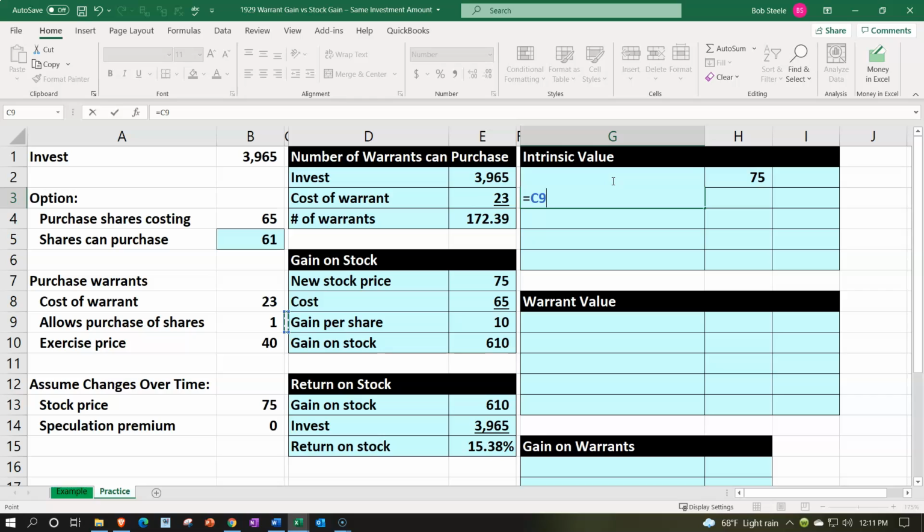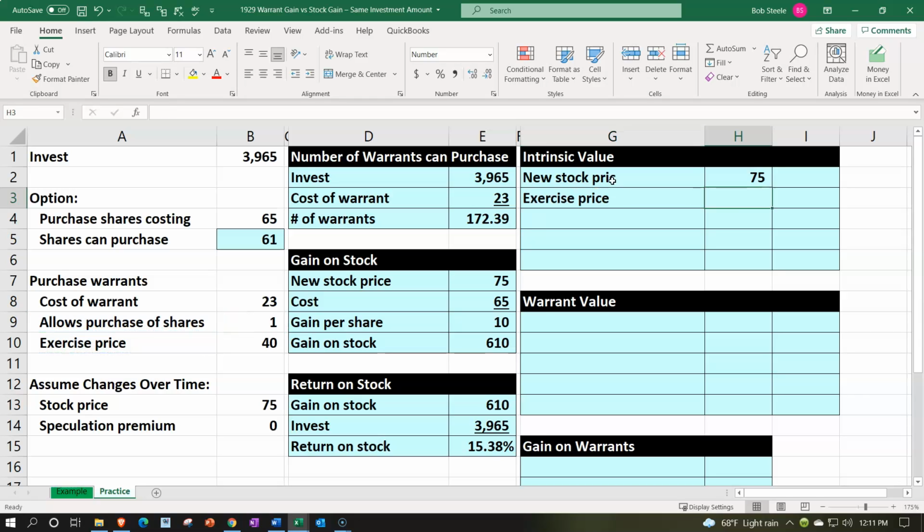The exercise price, the price that we could exercise the warrant for, is 40. So the 40, going to underline the 40, font group and underline. This would be the difference. What we could purchase the stock for minus what we could exercise the warrant for gives us that benefit of the 35.